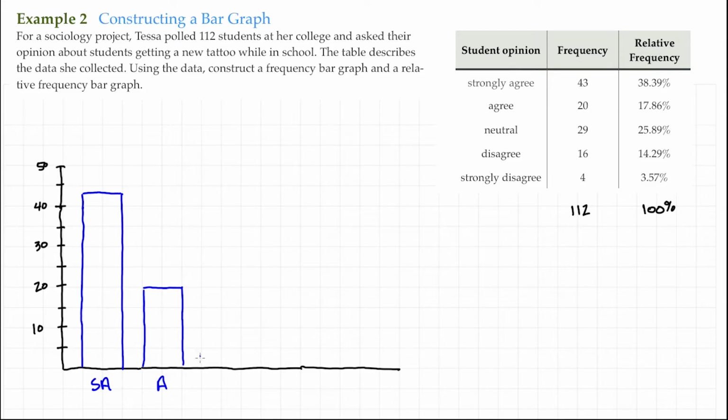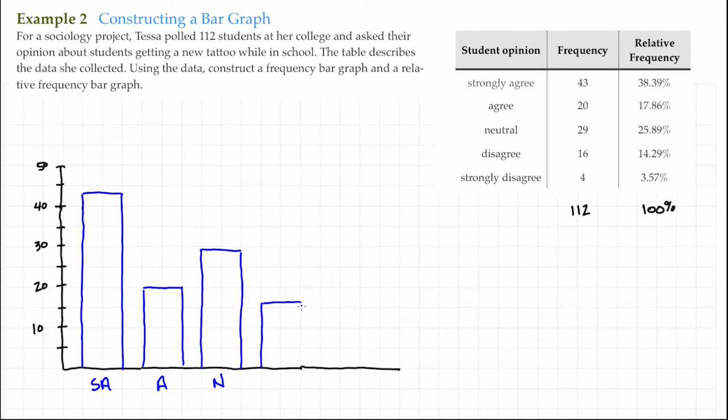Neutral, that's 29. That's a little bit below 30. So here's our neutral. Disagree, that's 16. 5, 10, 15, 16, a little higher.